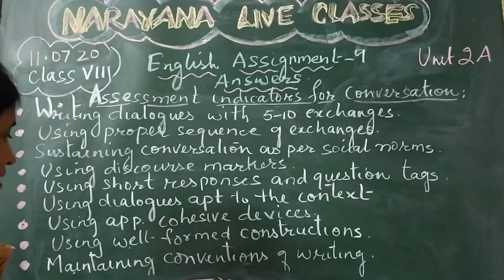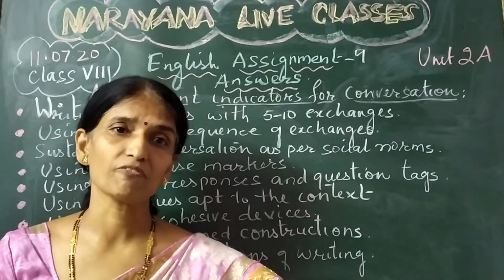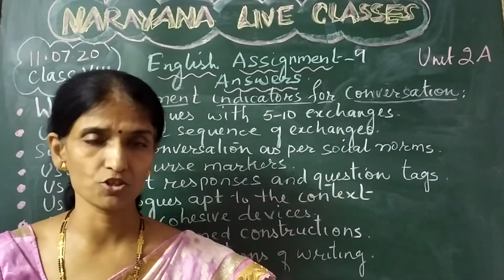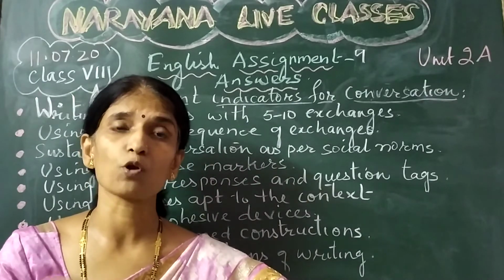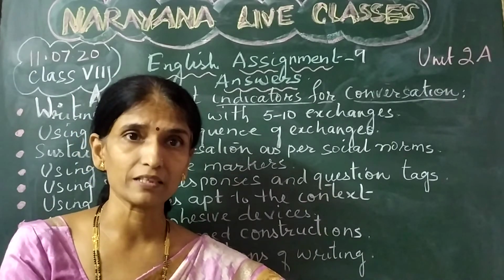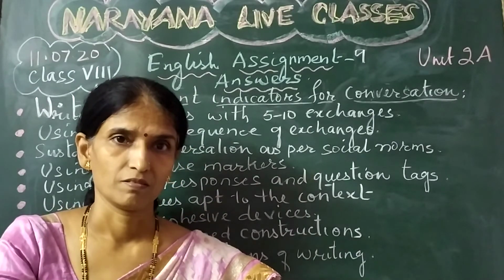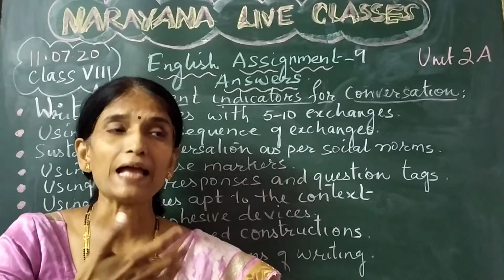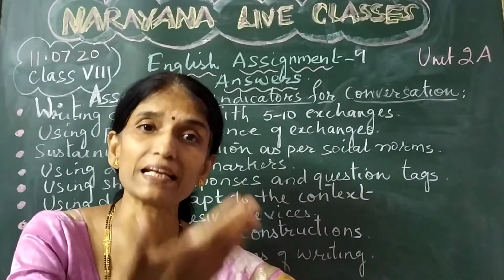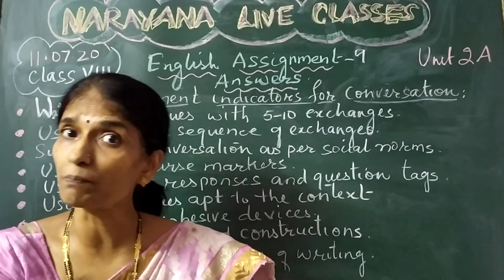Then the next assessment indicator is maintaining conventions of writing. Conventions of writing are capitalization and proper punctuation. We should make use of proper punctuation while writing our dialogues. Particularly, when we use a proper noun like Oliver for addressal, or address a person by a word like sir or Mr. Bumble, immediately after the addressal a comma should be put, because that is not the subject of the sentence.